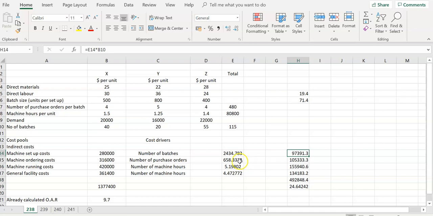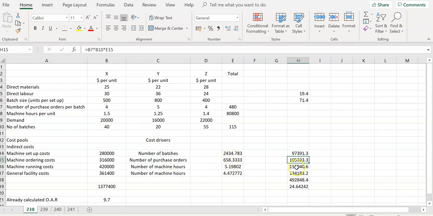In terms of purchase orders, I know that you had 4 per batch, so you had 4 times 40, which is 160, and I know what the cost of a purchase order is, 658. So you can see what I'm doing here is 4 times 40 times 658.